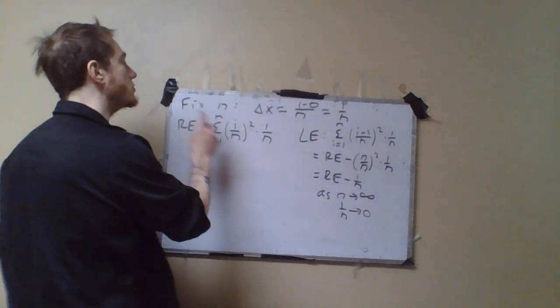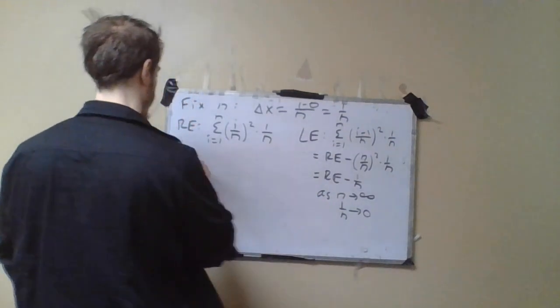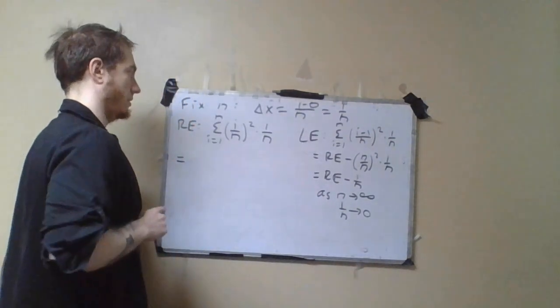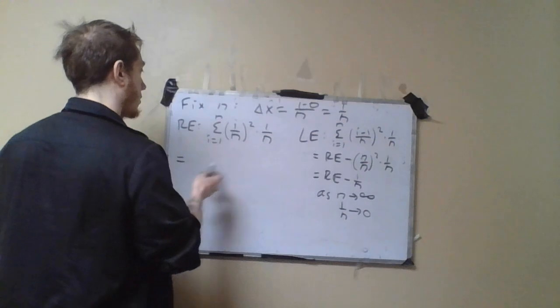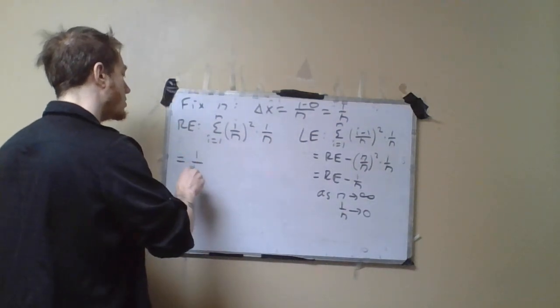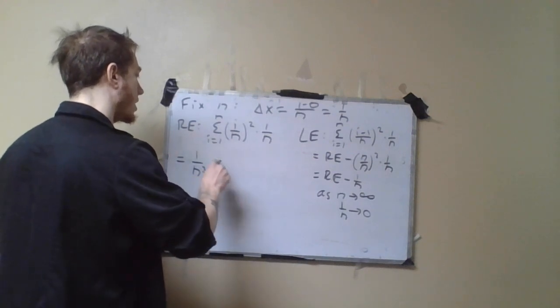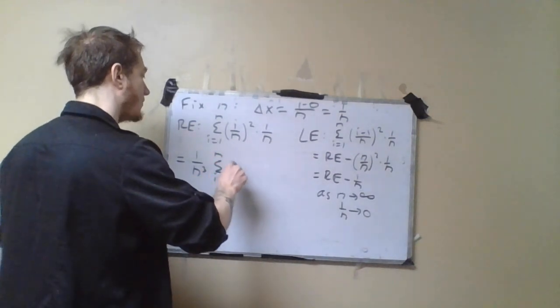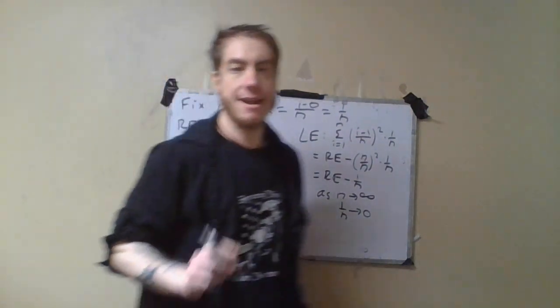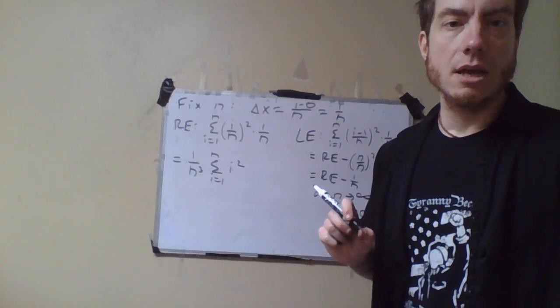Now, how do we do this? Okay, this is where things get more complicated. So, n doesn't change here. So this is actually 1 over n cubed times the sum from 1 up to n of i squared. Now, at this point, we need to use something called Faulhaber's formula.